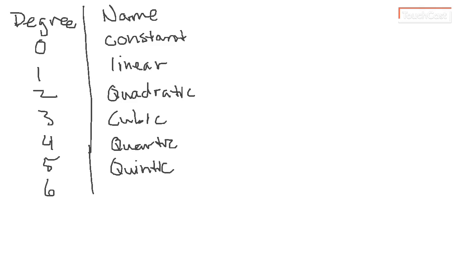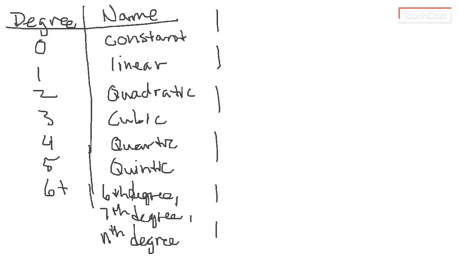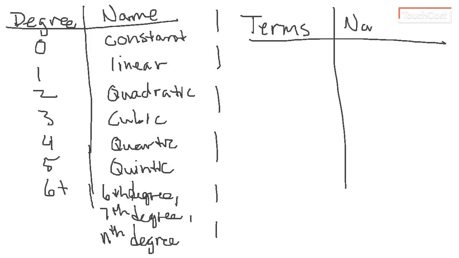And then 6 degrees or more, we call them 6th degree if it's a 6, 7th degree if it's 7, or we can generalize it and just call it nth degree. So that's how we name polynomials based off their degree. How do we name them based off of the number of terms? Because that's another way. There's not as many names for this.